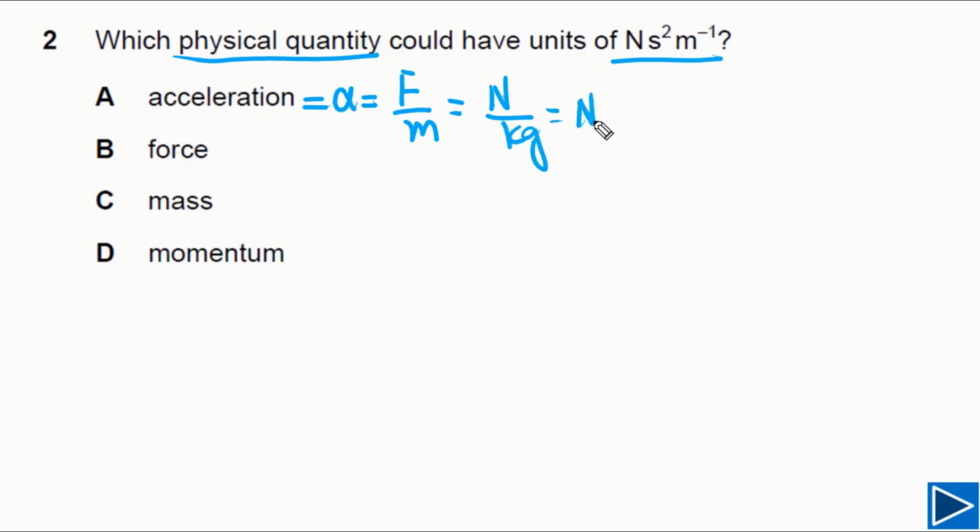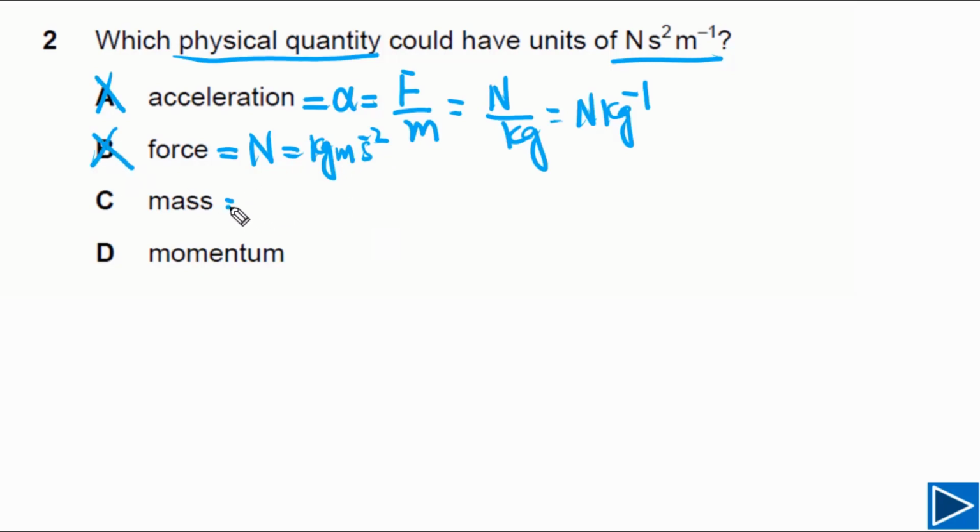So this is Newton per kg, so this is not a possible answer. If we go to force, the unit of force is Newton, and this is equal to kg meter per second square. So this is also not a possible option.